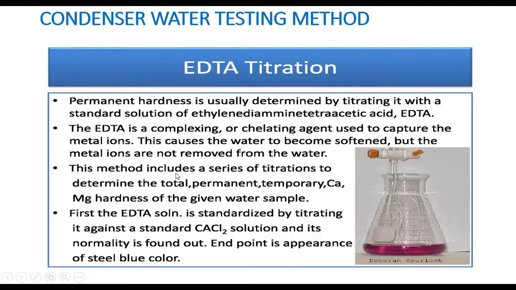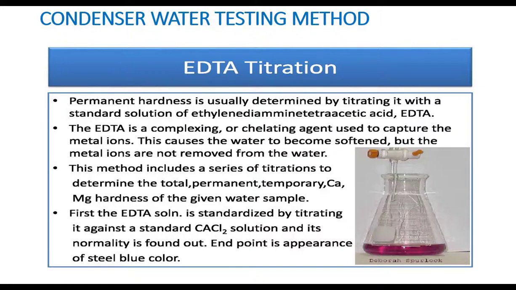The method includes a series of titrations to determine the total, permanent, temporary, calcium and magnesium hardness of the given water sample. First, the EDTA solution is standardized by titrating it against the standard CaCl2 solution, and its normality is found out.